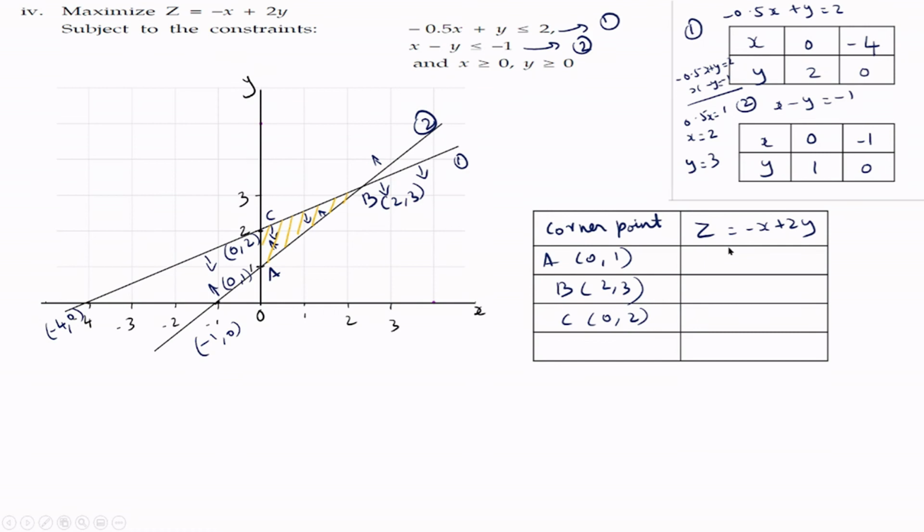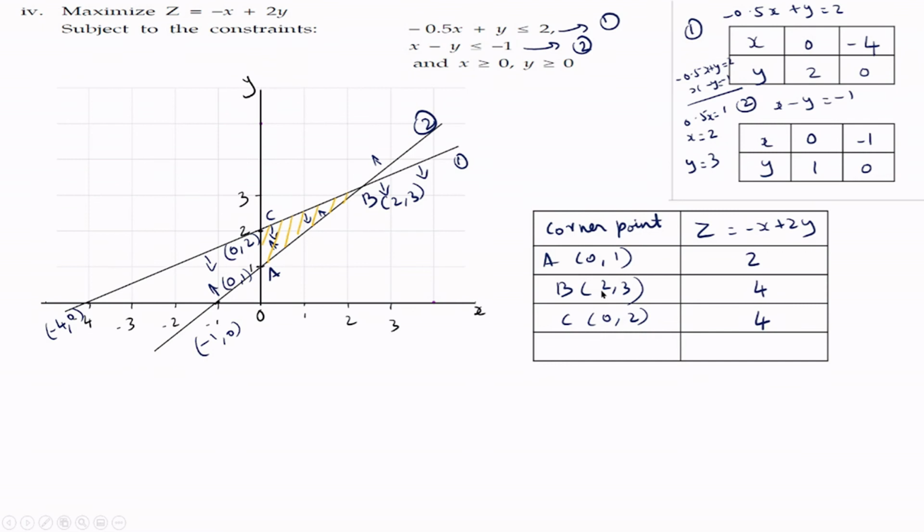For the corner point A 0, 1, when we substitute x as 0 and y as 1, we get Z as 2. Then for corner point 2, 3, when we substitute x as 2 and y as 3, we get minus 2 plus 6, which is 4. Then when we substitute 0, 2, that is x as 0 and y as 2, we get again Z as 4.